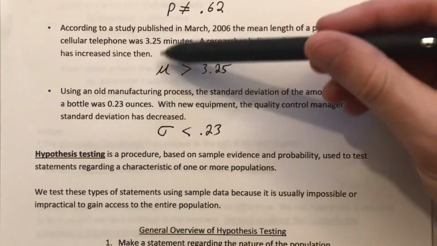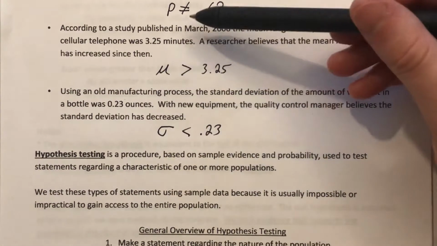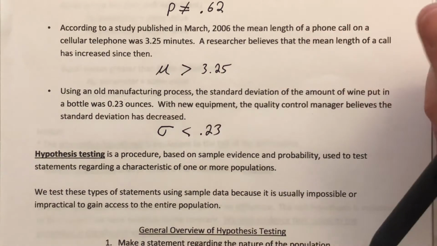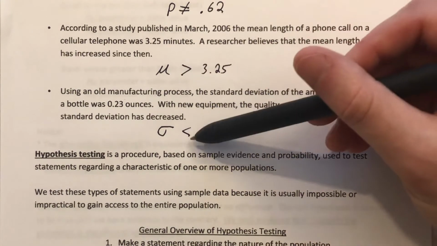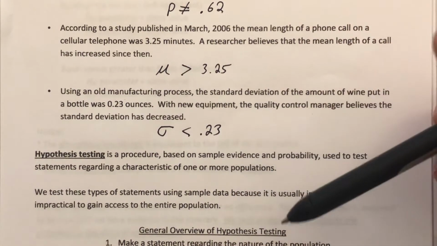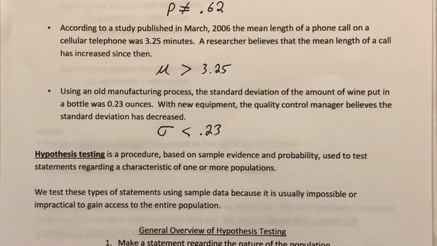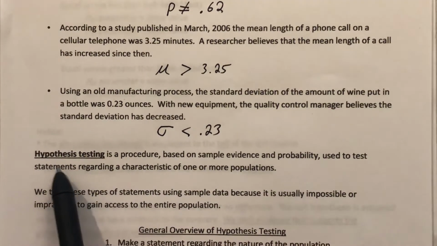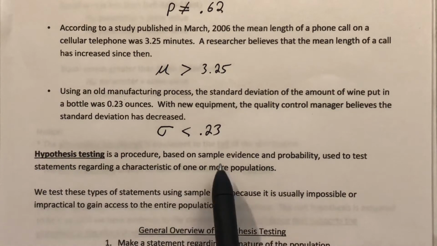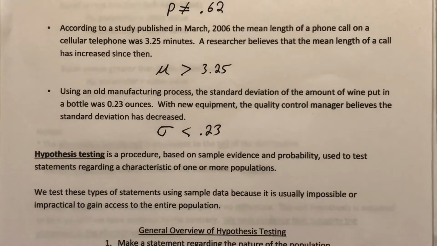So there are the three different types of parameters we're going to see through three sections, and also the three kinds of inequalities that we will be dealing with for a specific person or researcher or group's hypothesis, what they think is actually the case. So hypothesis testing is a procedure where we use evidence to test these statements.